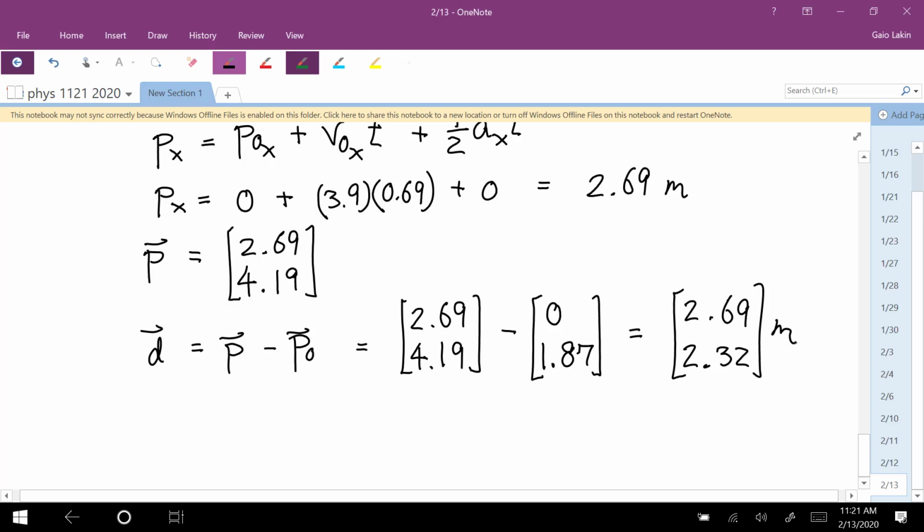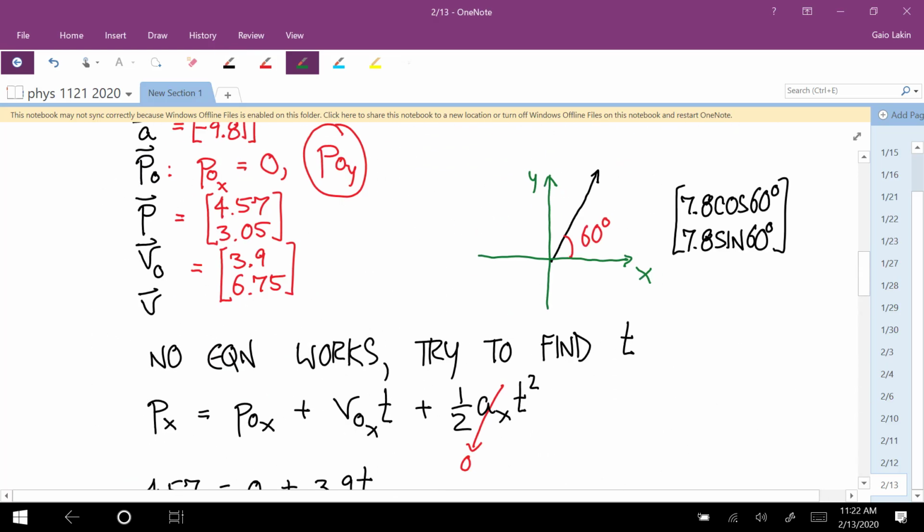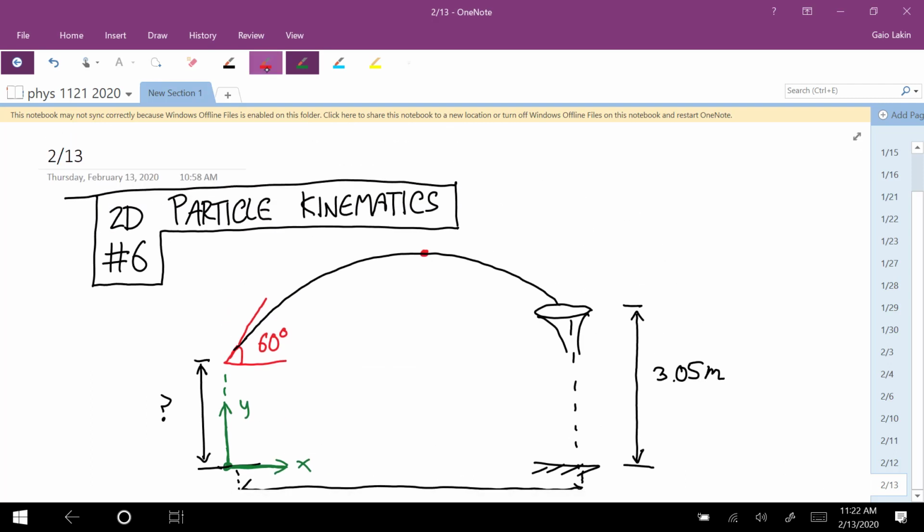And what that means is, if you draw a vector from the point where it's shot to where it is at its highest point, it looks like that, light blue. And if I had drawn this picture really carefully, known where all the points were, the components of that blue vector would be what we just calculated.